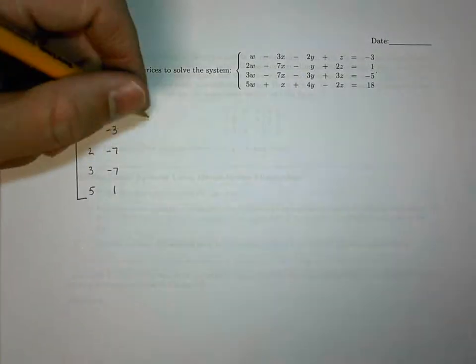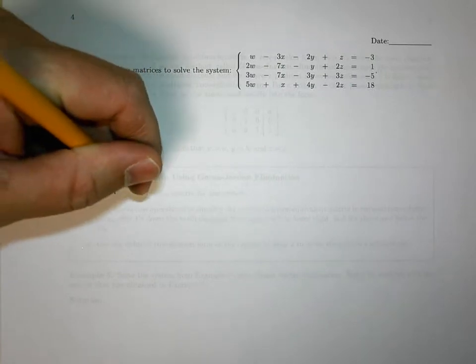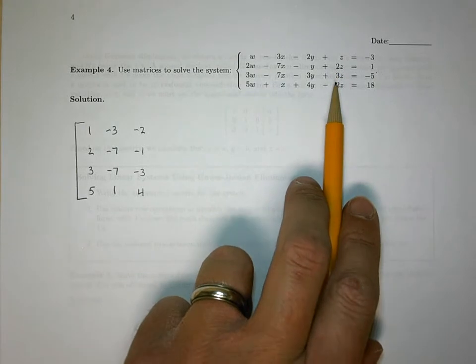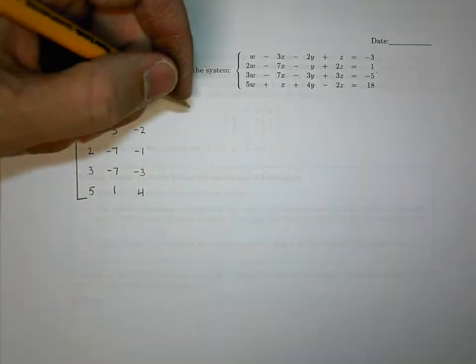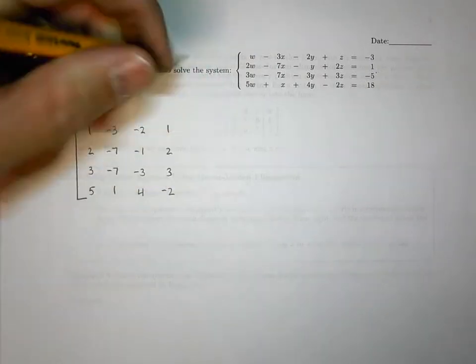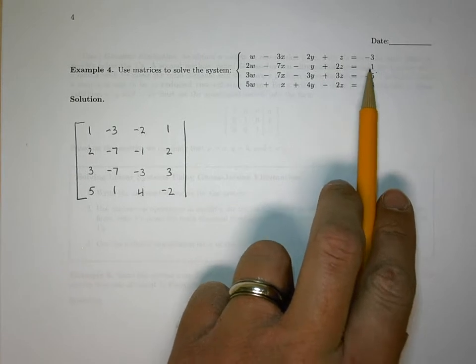So we'll copy those. Going to the z column, we have a 1z, 2z, 3z, and negative 2z. So 1, 2, 3, negative 2. On the right side, negative 3, 1, negative 5, and 18.